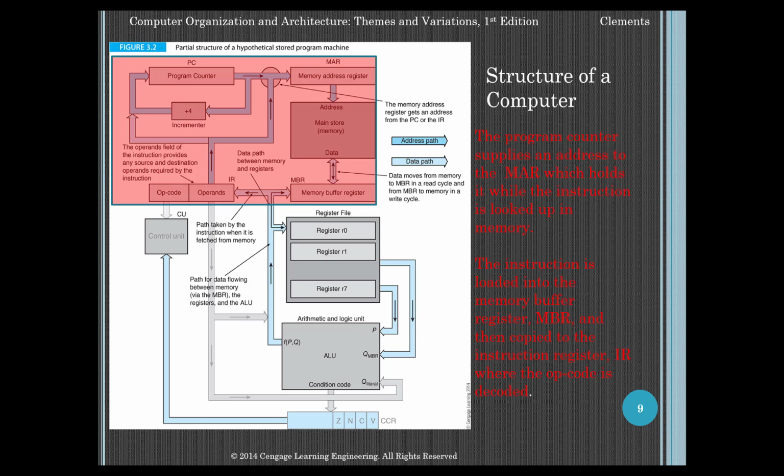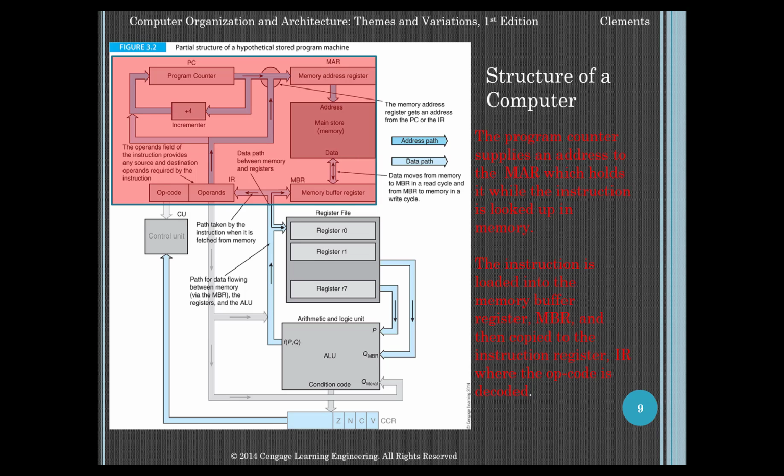We can load that instruction into the memory buffer. So the memory buffer, that MBR, contains the copied instruction register where that opcode is decoded. So what do we want to do? We want to make a deposit. So if we want to make a deposit at the bank, that's our opcode. We're depositing money.